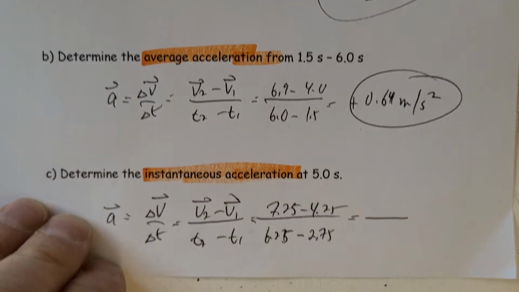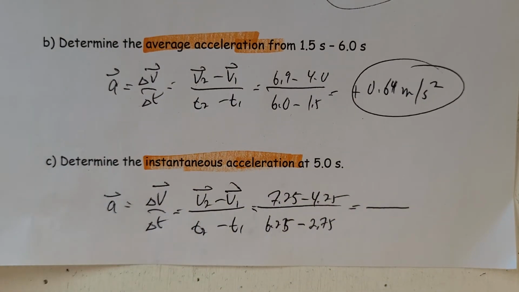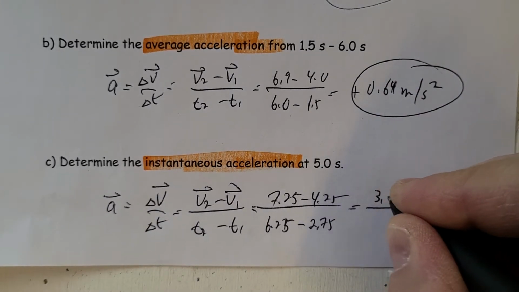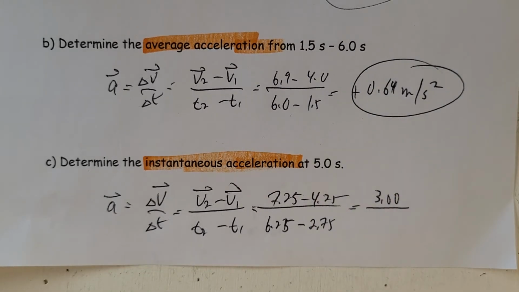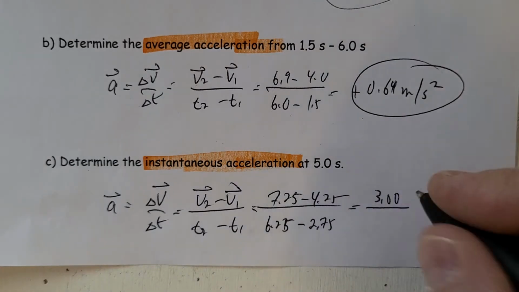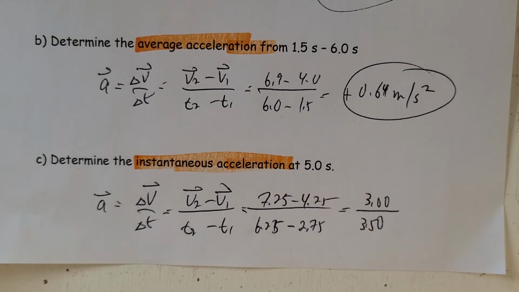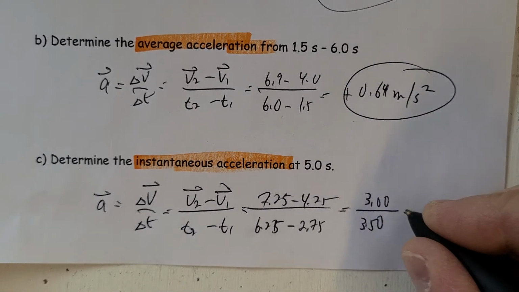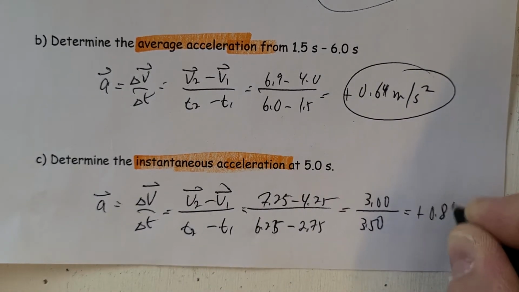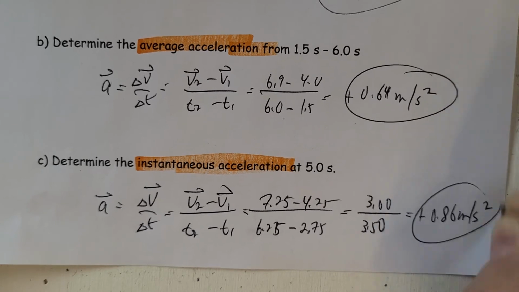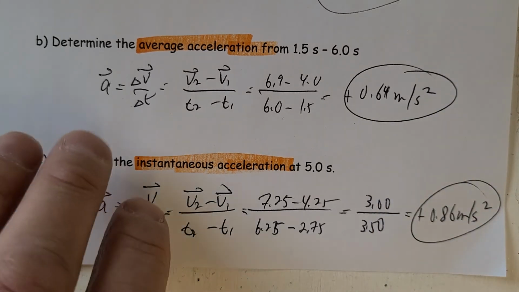All right. So figuring that out, on top, I'm going to get 3. And then on the bottom, 6.25 minus 2.75, what does that give us? That gives about 3.5. So 3 divided by 3.5, that's going to give us approximately plus 0.86 meters per second squared.